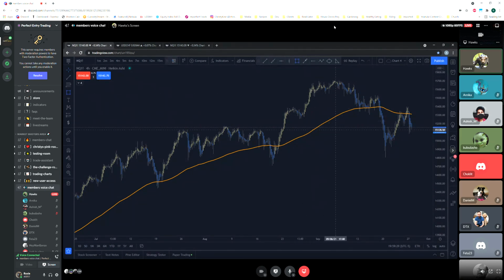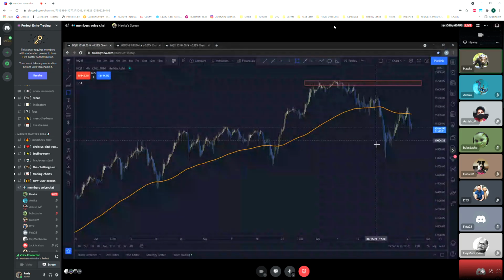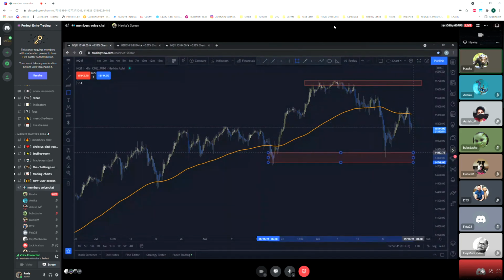Right off the bat, you can set up your key level up on the top, down here. This could be an area right over here. These wicks are touching this down here. And then I would put another key level right here. Okay, from there, I will go down to my 1 hour.